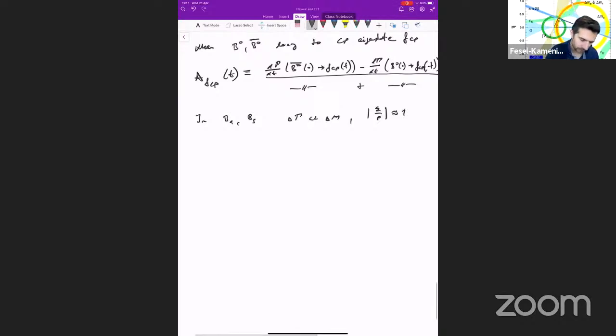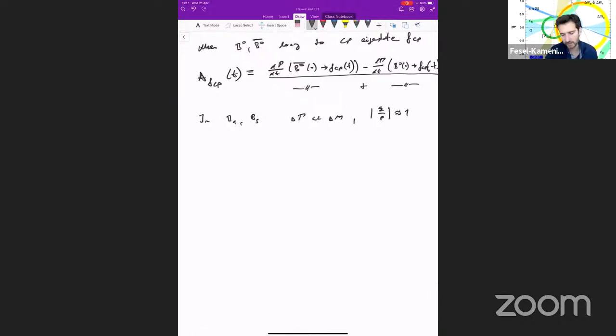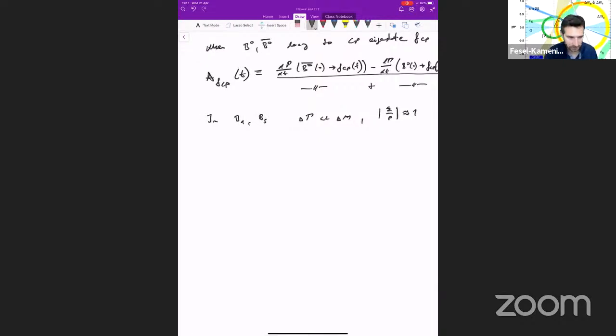Okay? Of course, it's not exactly 1, because if it was exactly 1, then CP would be conserved.